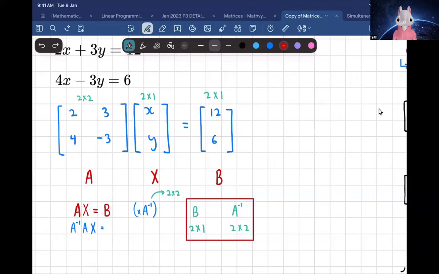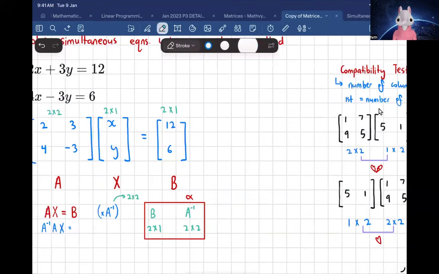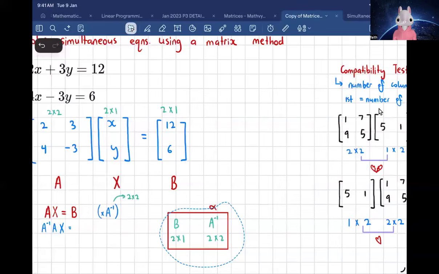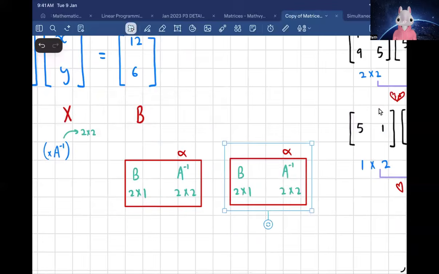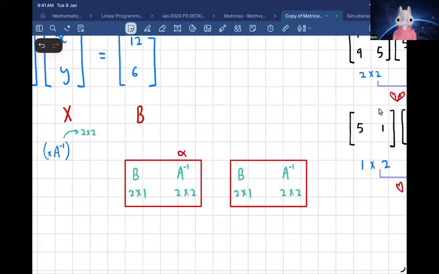What if I were to switch the order now? Would it be compatible? Yeah, it would be. Watch. Does it look compatible now, guys? Yes, sir. So here, watch.